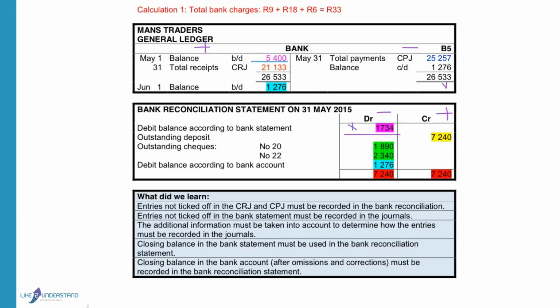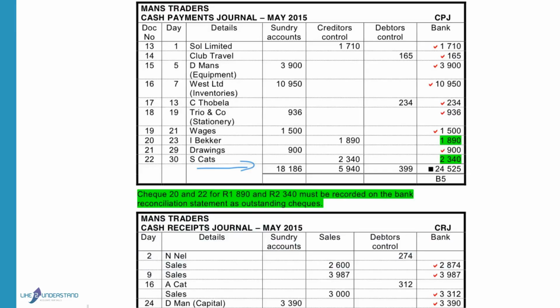If we look at our cash payments journal, we see that there are 2 checks that were not ticked off. So that means those 2 checks were not paid out by the bank. The bank will have to pay it out in the future. So anything that they still have to do in the future will be recorded in the bank reconciliation statement.